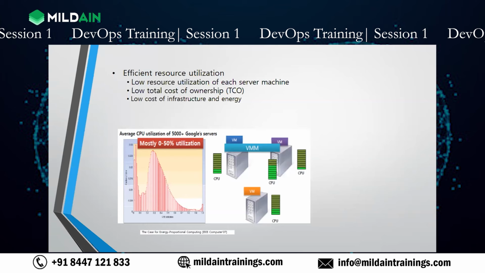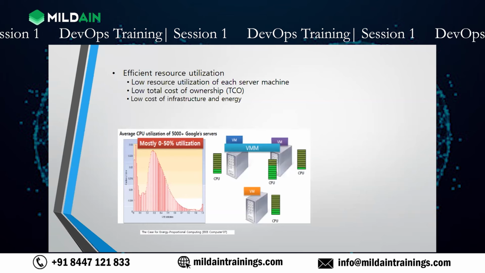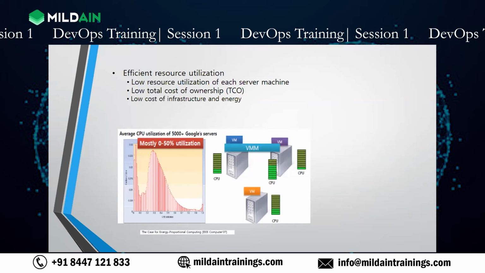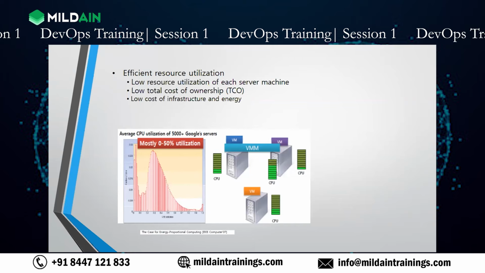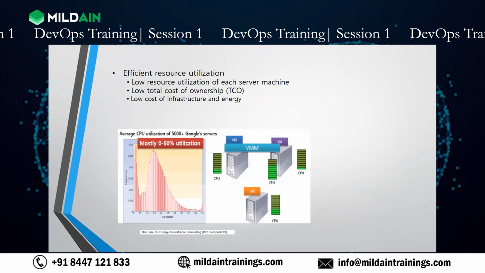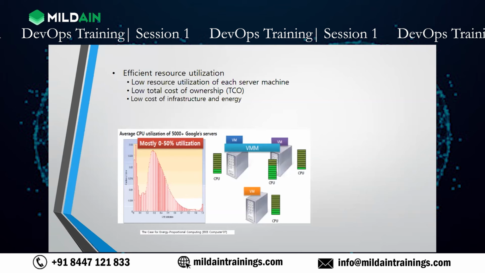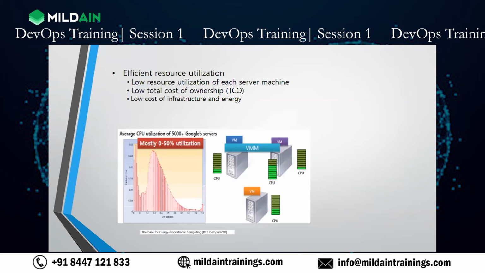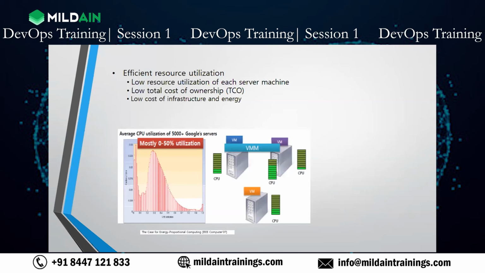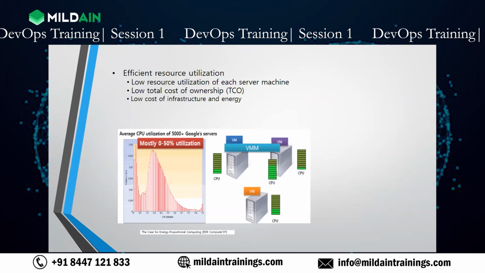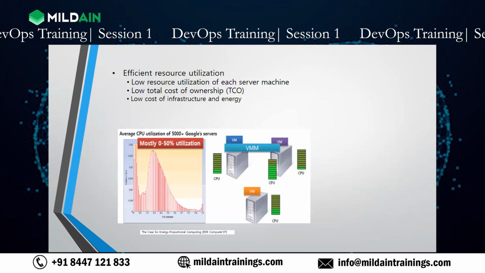It is also low cost because there is not much maintenance. If we have physical servers, we need a place, we have maintenance costs, and we need maintenance people to maintain the servers. But with virtualization, we create our required virtual machines when we require them, and then we terminate them as soon as they are no longer required.